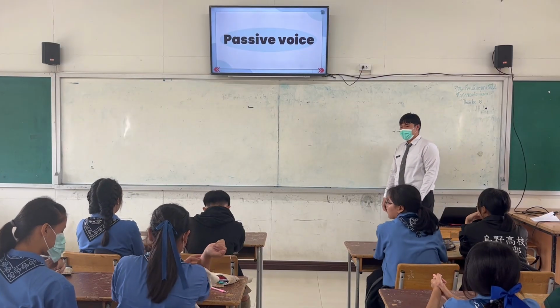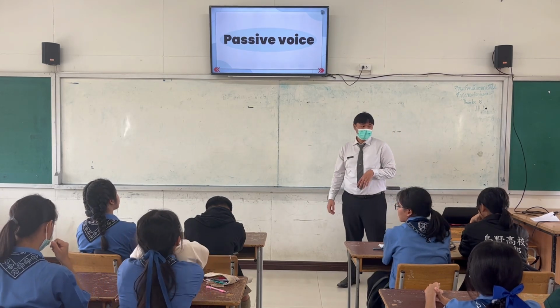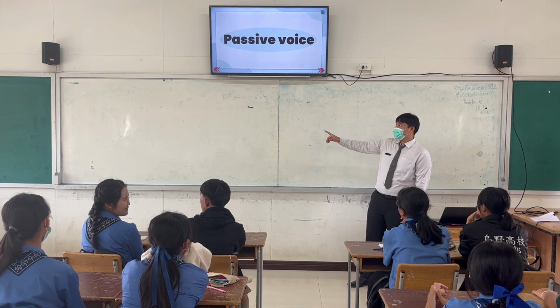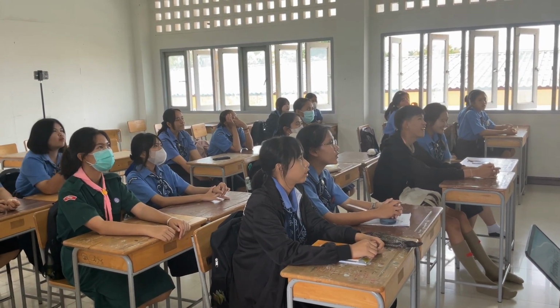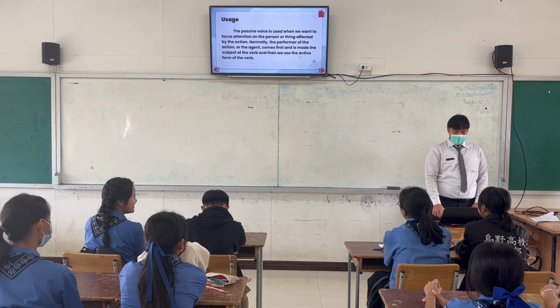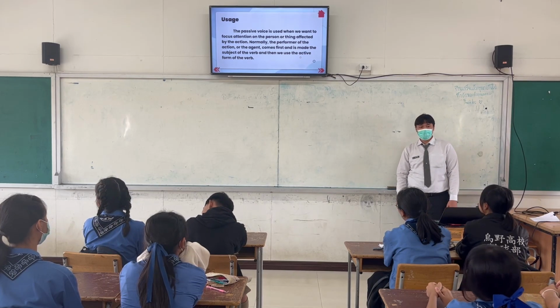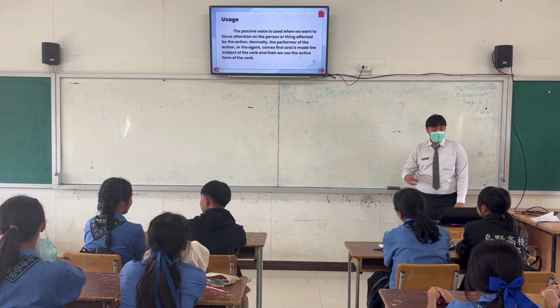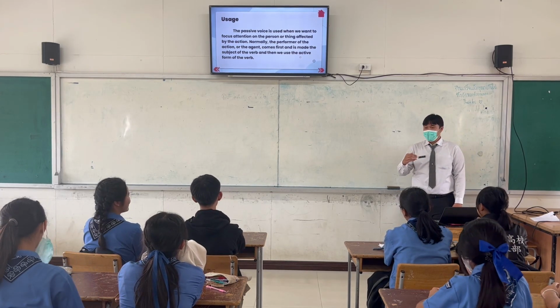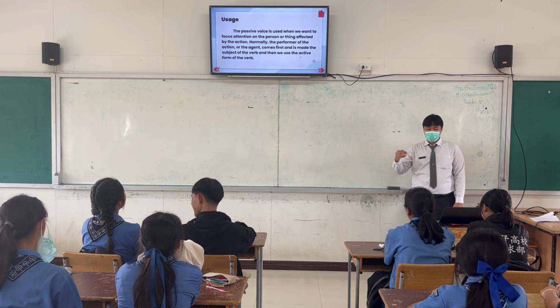Okay, now we move on to the structure part. Passive voice. Okay, everyone repeat it together. Passive voice. Passive voice. Okay, but first I will give you the usage. The passive voice is used when we want to focus attention on the person or thing affected by the actions.